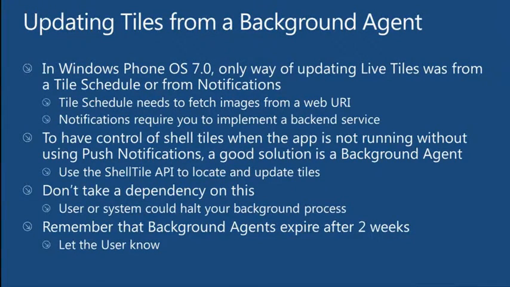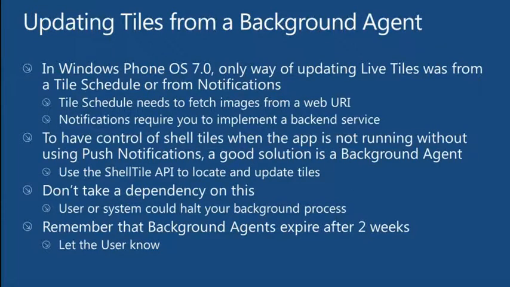The other thing, and this is something that even if everything works, even if the end user doesn't turn off your background processing, even if there's not a lot of background agents, even if your app works perfectly, background agents expire every 2 weeks. And so it's up to you to make sure that the end user knows that in some way. And there's a number of different ways to do that. What that means is that the end user has to run your app at least once every 2 weeks.